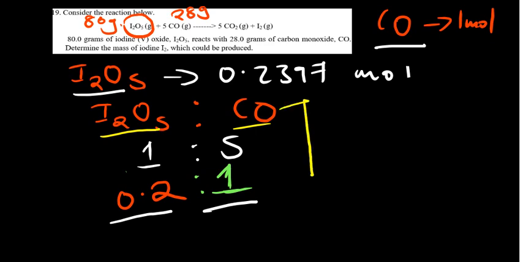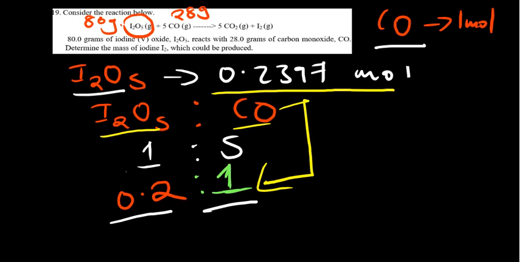This only requires about 0.2, but what was available is 0.23, meaning it was more than enough. So which one is the limiting reagent? The limiting reagent is the carbon monoxide, because it wasn't enough.